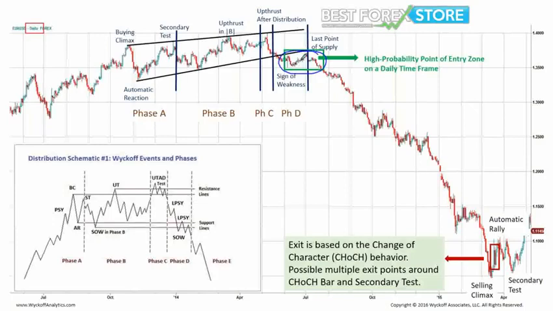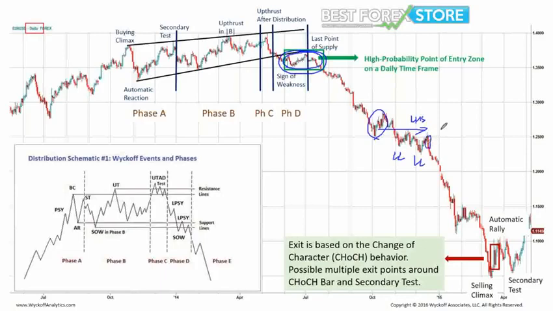But before we do, and we'll come back to this slide, I just want to show you how great of a trade this was, and actually a couple of students implemented this trade. So the price goes down, and it seems that there could be a change of character here relative to this reaction right here, and there could have been some exits here based on the idea that we might be consolidating, which we did, but the consolidation is so weak structurally with the lower lows and the lower highs.